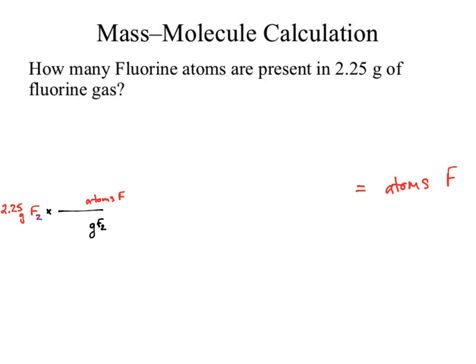Include the substance. Okay? Does a conversion factor exist between grams and atoms? At least not for us. That means I'm going to have to use some other conversion factor. Could I convert grams to kilograms? Yes.